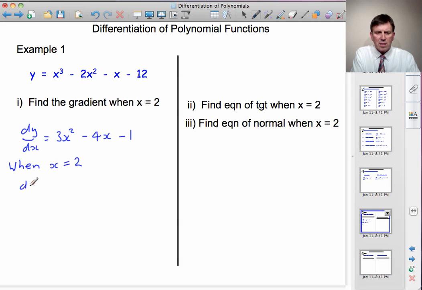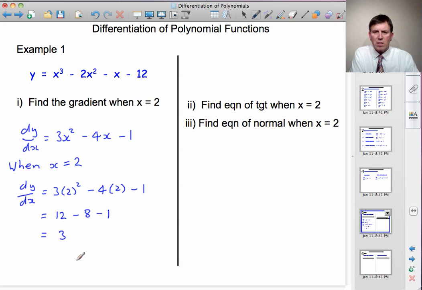dy by dx is equal to 3 multiplied by 2 squared minus 4 multiplied by 2 minus 1. Well, 2 squared is 4, 3 fours are 12. Minus 4 times 2 is minus 8, minus 1. And 12 minus 8 minus 1 is 3.